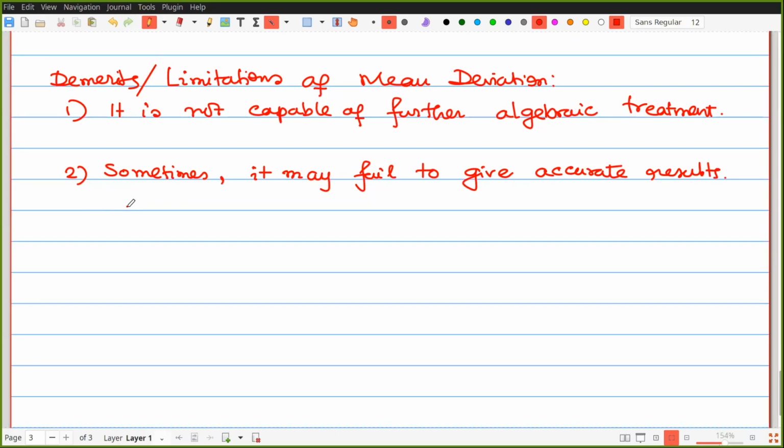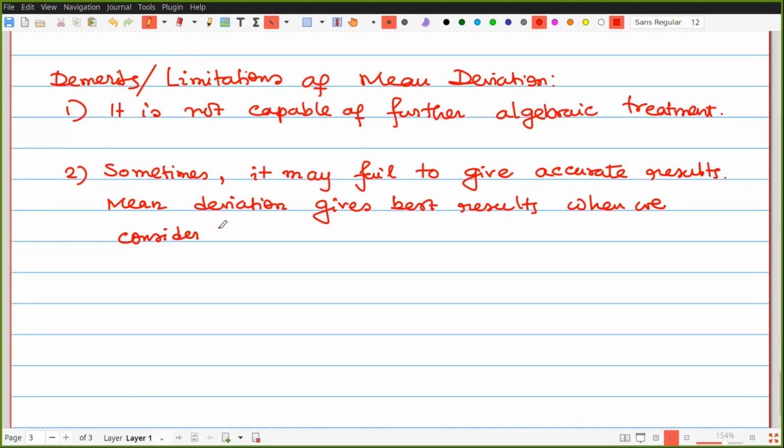Moreover, the mean deviation gives the best results when we consider the median as the central value rather than the mean.